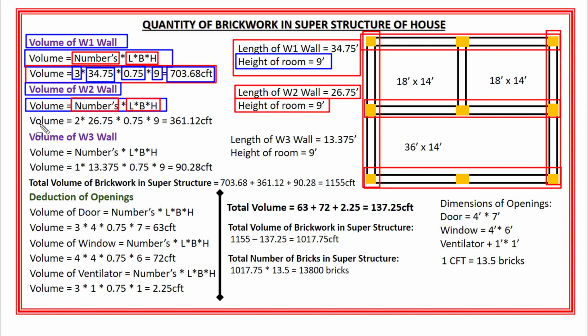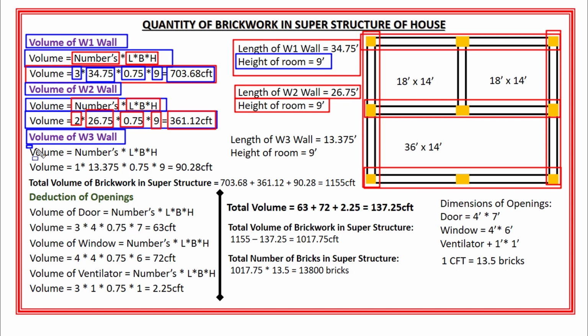Okay. So the volume of two W2 walls is equal to 2 multiplied by 26.75 feet multiplied by 0.75 feet multiplied by 9 feet. And the total volume of W2 walls will become 361.12 cubic feet.